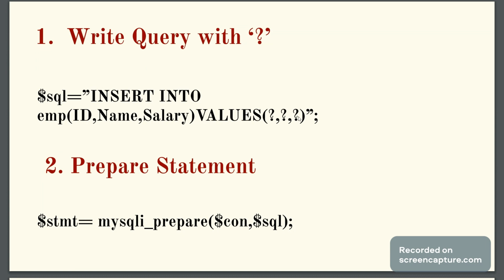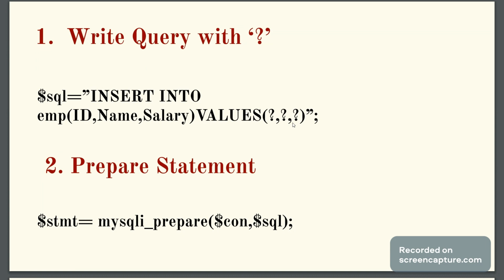Now, in this example, I am showing the insert query repetition. So if I want to insert three values for these columns, there are three values. That's why I am putting three question marks in the bracket and closing the double quotes of the query. Now the query is written once with the question marks.